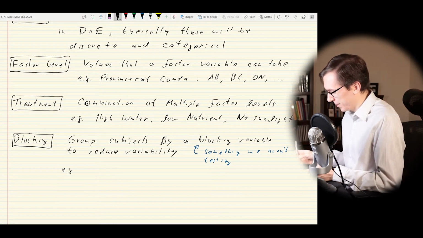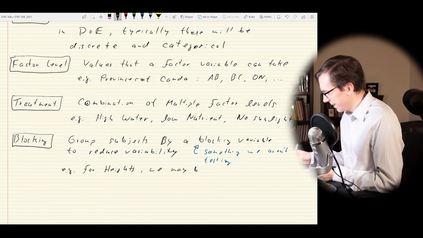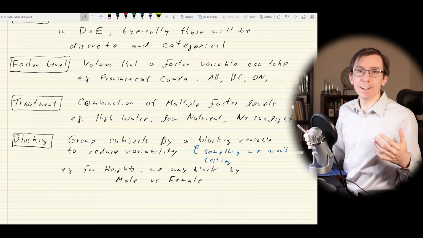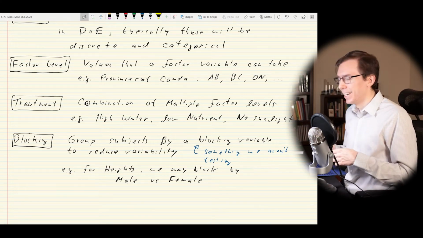For example, for heights, we may block by male versus female. In this case, that would correspond to a binary blocking variable, binary because in this example it would take on two values.